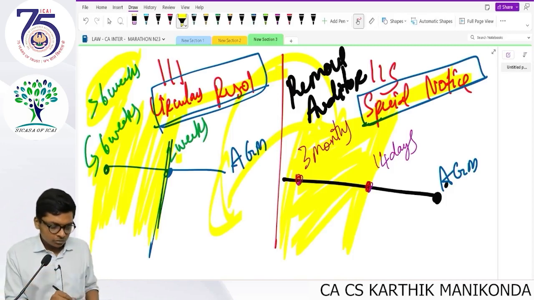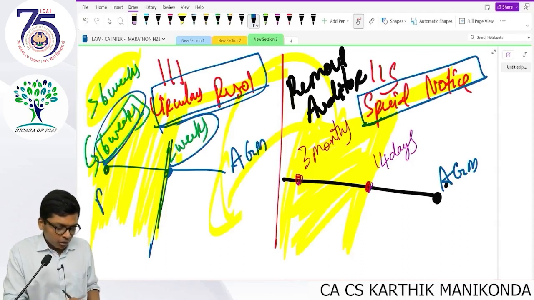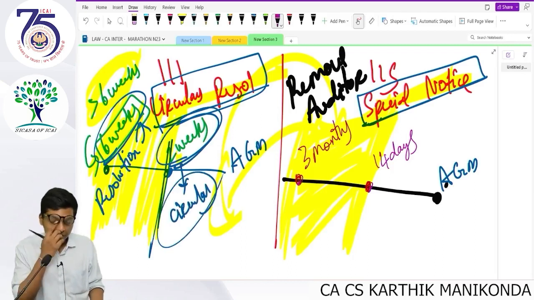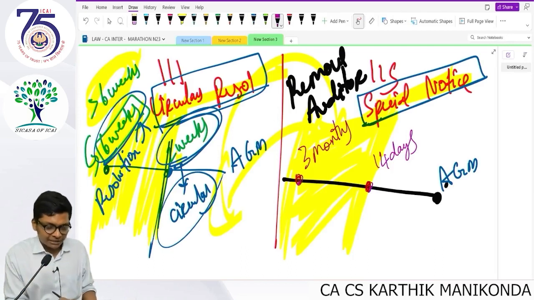What is it? Yeah. See, this is for resolution 6 weeks. 2 weeks is a circular. That means, let's say already in the notice reached the company 21 days in advance.